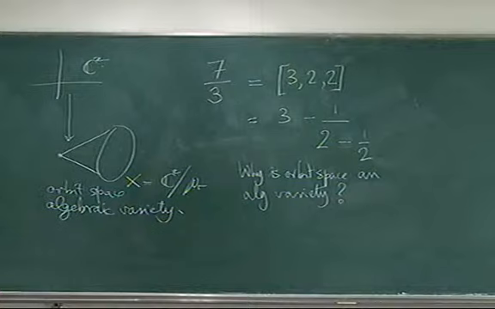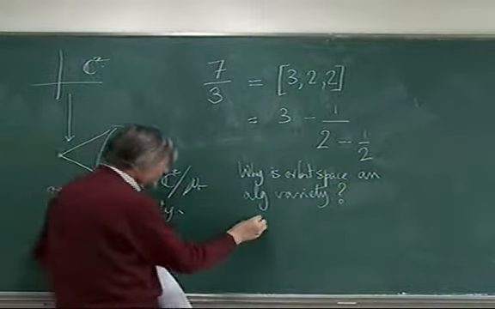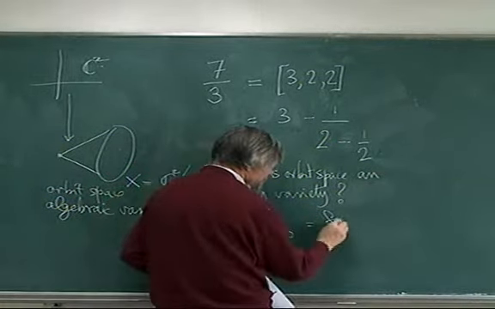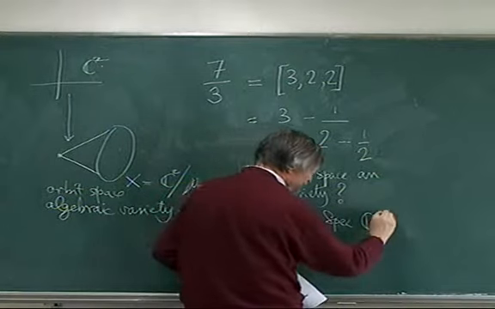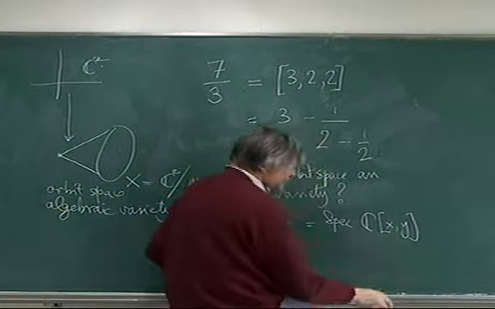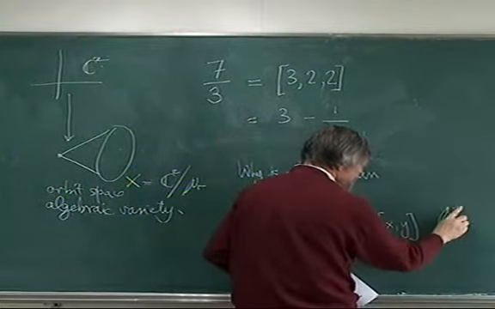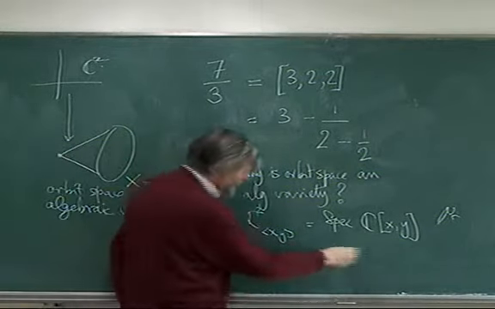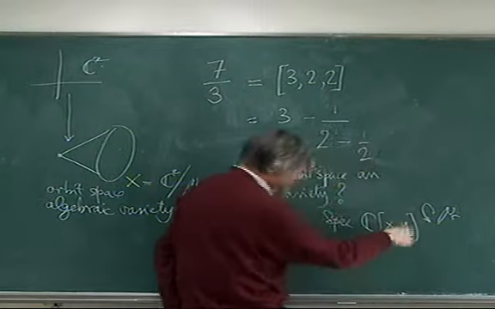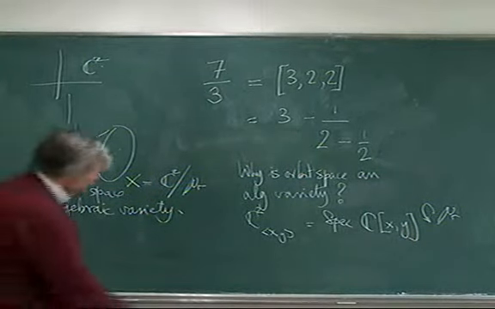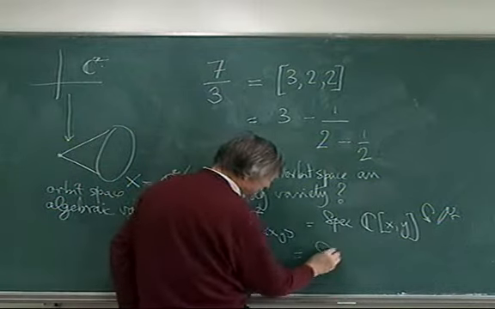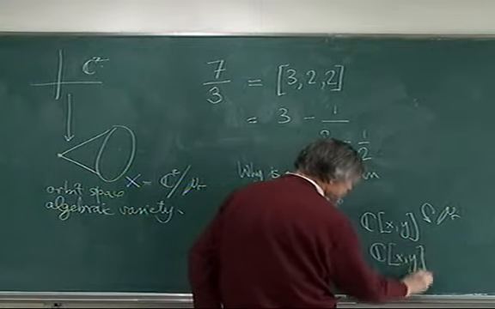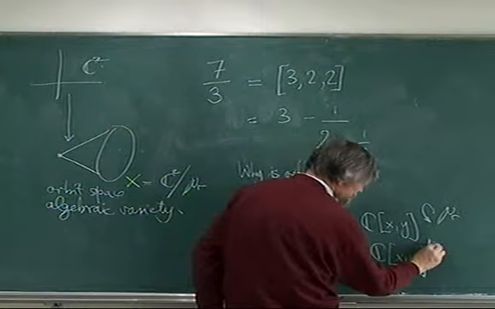So the thing I'm going to do is, C2 with coordinates x, y is Spec of the ring C[x,y], and the cyclic group mu r is acting on this variety, and so of course it's also acting on this ring. And I'm going to take Spec of the ring of invariants. So I take C[x,y], and then here I write mu r.